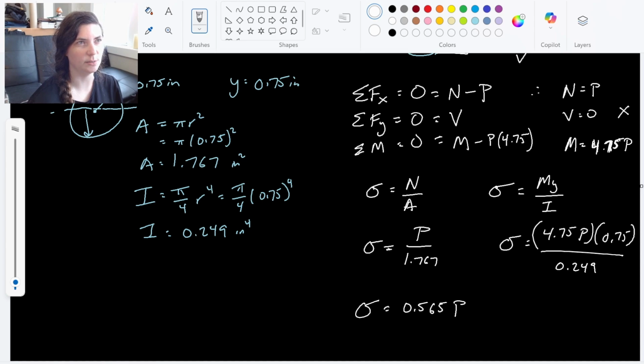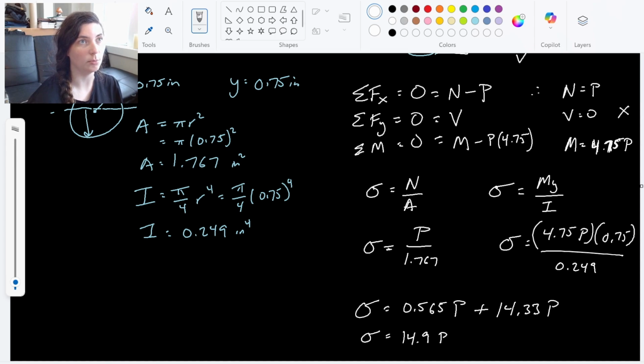And then I'm going to go ahead and simplify this one as well. Plus, when I simplify this in my calculator, I get 14.33 P. So the stress is going to be 14.9 P. And now remember, we're looking for that P value.